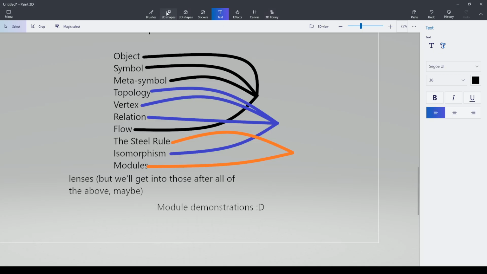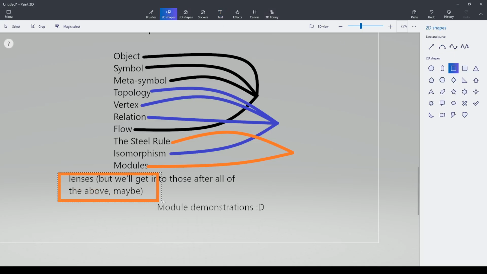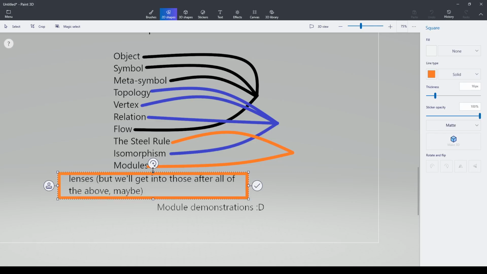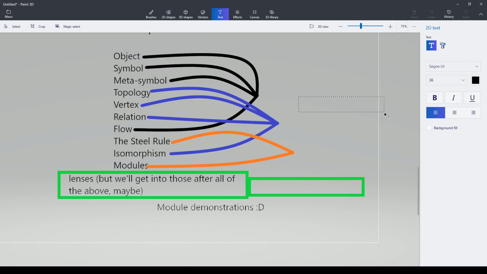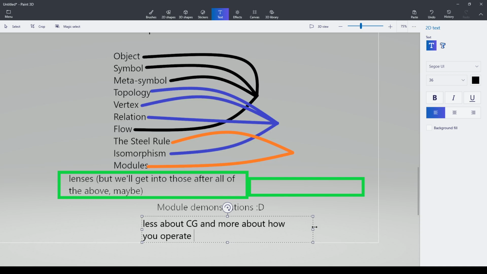Now, the thing about lenses, as we get to it, is that they are less about CG and more about what, or rather, how you operate it.